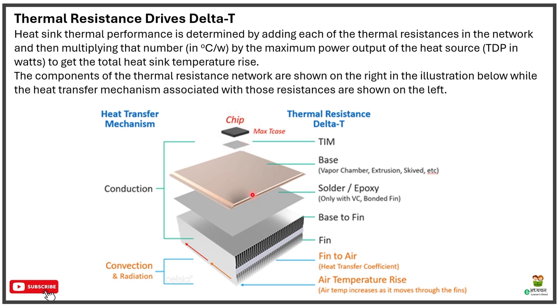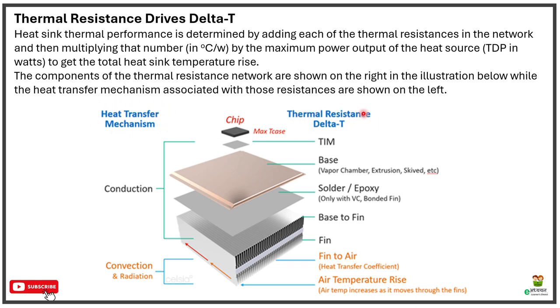So here we have a vapor chamber. Then we use a solid epoxy to fix it with the base, and then we have the base with the pins. So here you can see the heat transfer mechanism.